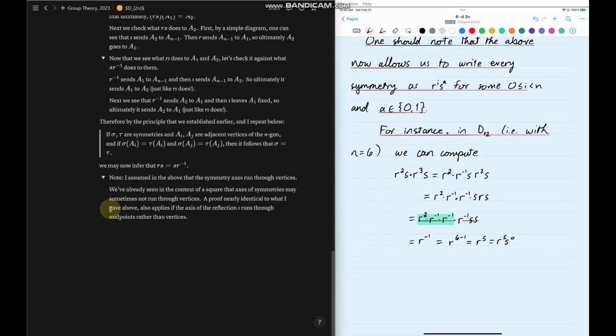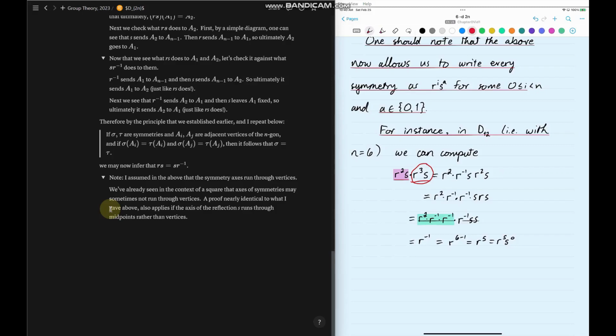So for instance, let's say that we take D12, which has n equal to 6. We can then compute the product of these two reflections. Notice that we would typically represent one reflection as R squared S, and also we have another reflection, R cubed S, and we will often want to know what their product is.